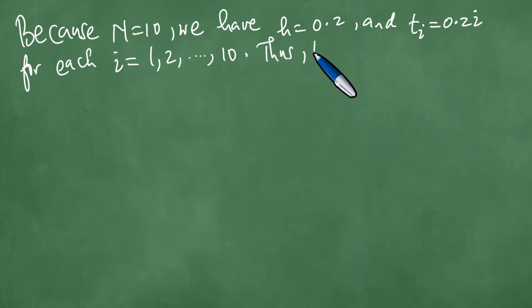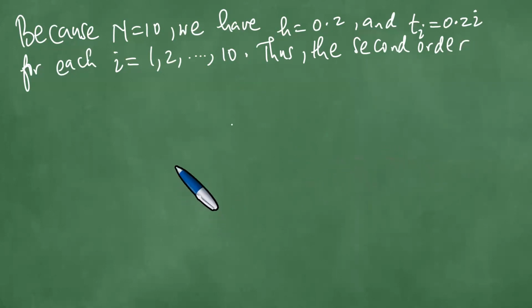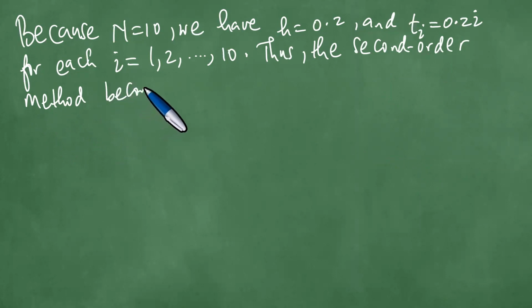Thus, the second order method, and I'm going to give some problems here. It becomes, okay, tomorrow we shall spend time on some past exams on these things and the exercises I'm going to give now as well. But you must do calculator practice on these.